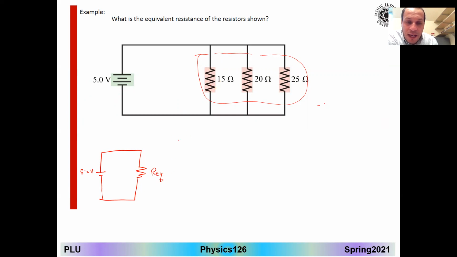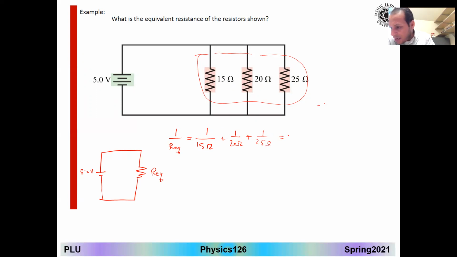When the resistors are connected in parallel, the equivalent resistance comes from adding 1 over the first resistor, 15 ohms, plus 1 over 20 ohms, plus 1 over 25 ohms. You can use your calculator to find this one.